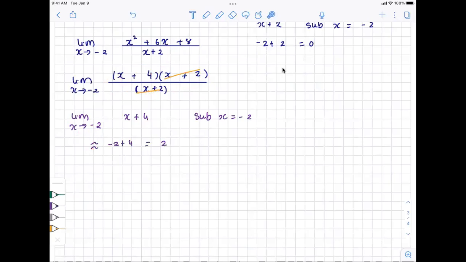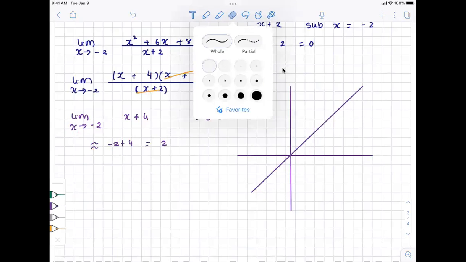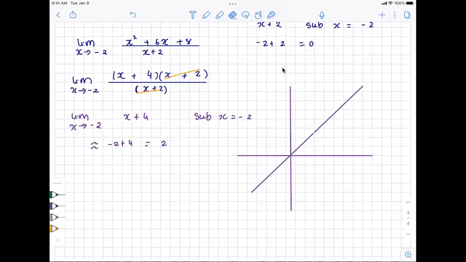Okay, so if you draw it out, your function might look something like, I'm going to approximately draw it out, something like that, and at 2, I'm going to pretend that is at 2, and at 2 there's a hole there, right?